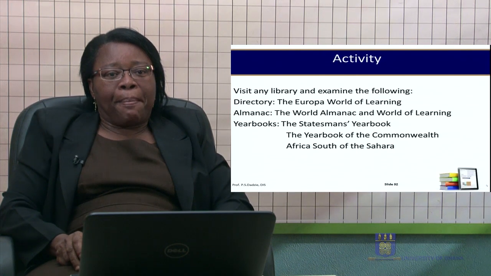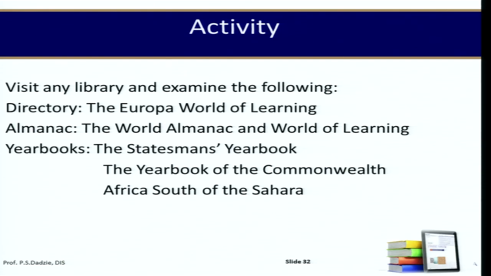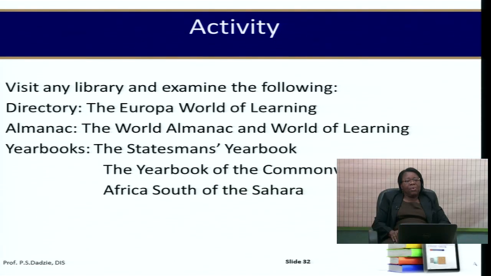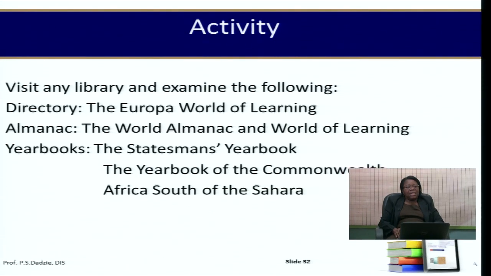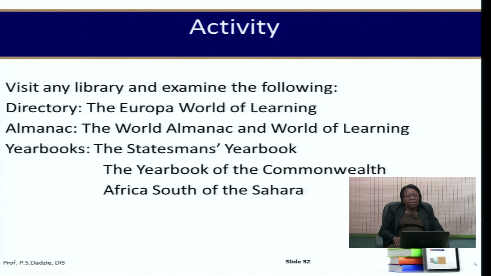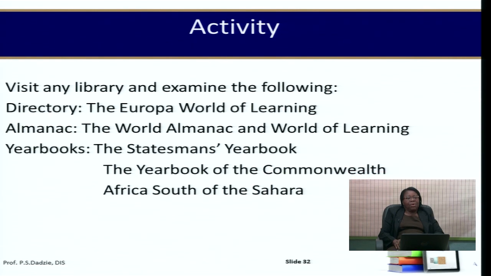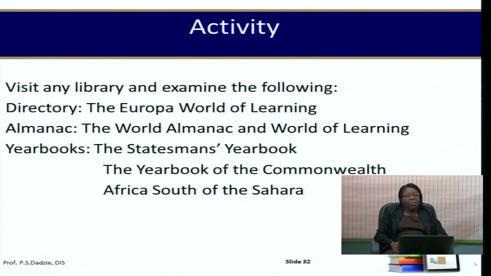For your activity, you will need to visit a very good library. For the example of a directory, please examine the Europa World of Learning. For the example of an almanac, examine the World Almanac and Book of Facts. And then also examine yearbooks: the Statesman's Yearbook, the Yearbook of the Commonwealth, and Africa South of the Sahara.